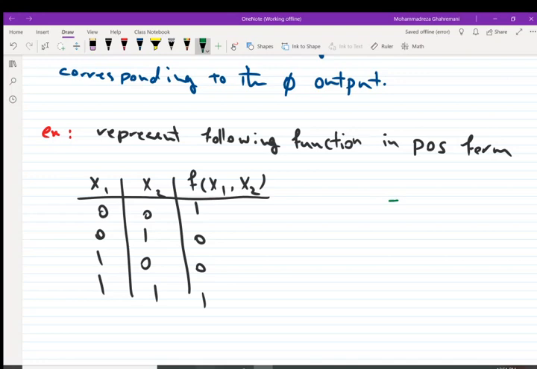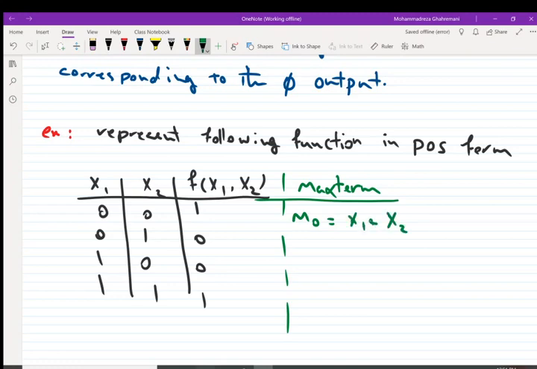Okay, in order to solve this problem, we expand the truth table and write the max terms. M0 is x1 plus x2. M1 is x1 plus x2 bar.